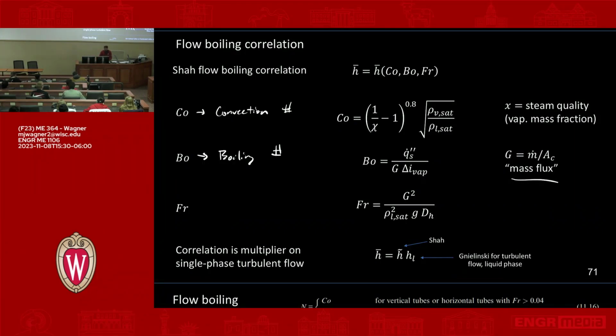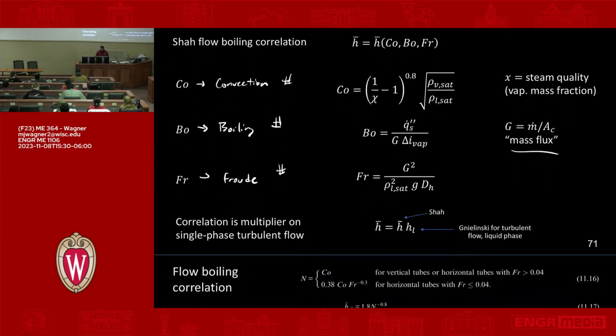The last one, Fr, is called the Froude number. F-R-O-U-D-E. Maybe I pronounced that wrong. Froude, I don't know, some German people in here. And it's basically this grouping shown here. So all you have to do is compute these three values, and then you can apply the correlation. How do you apply the correlation?